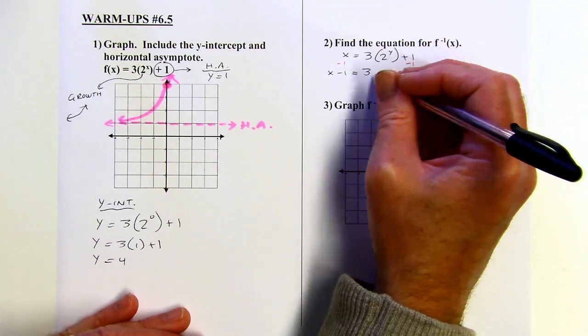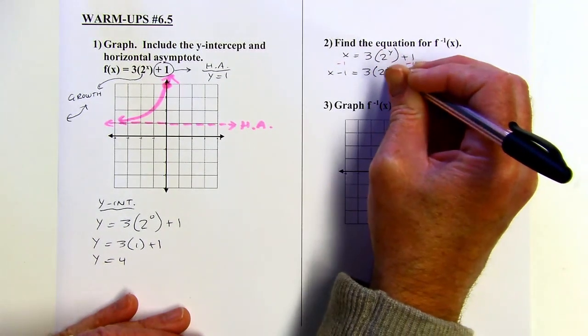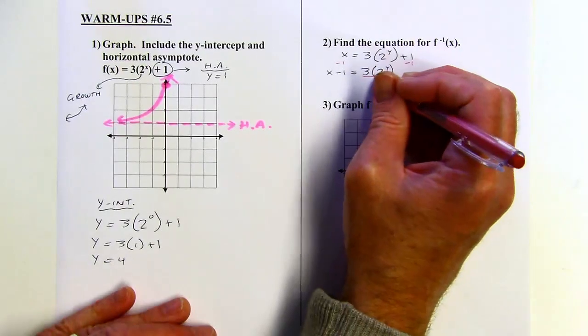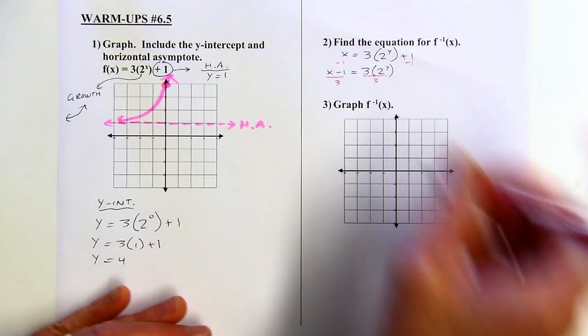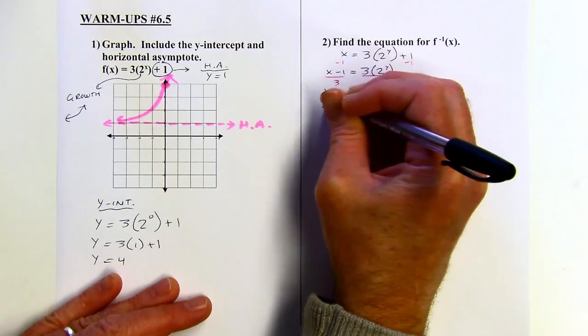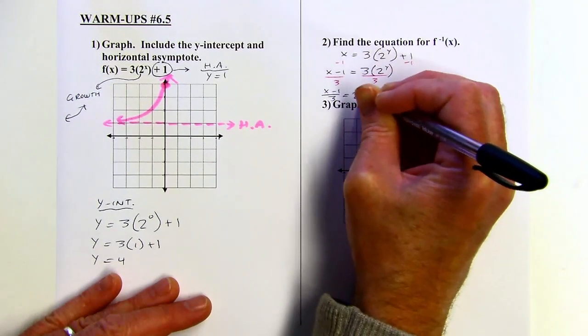I can subtract 1 from both sides, and then divide the whole equation by 3. Now I've got (x minus 1) over 3 equals 2 to the y.